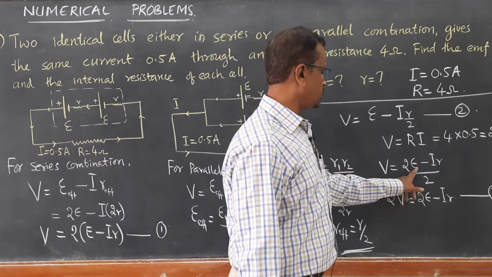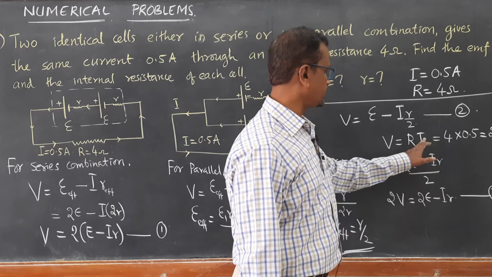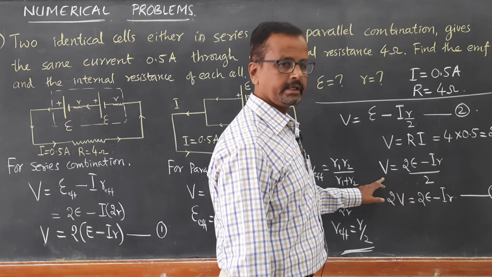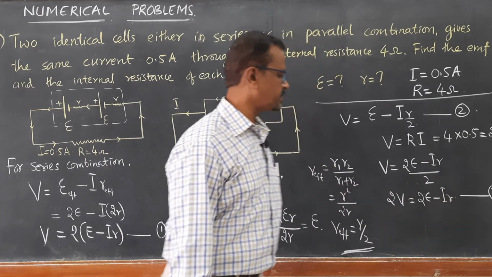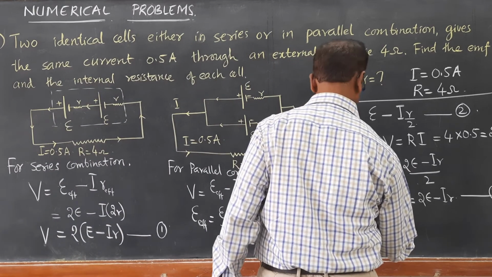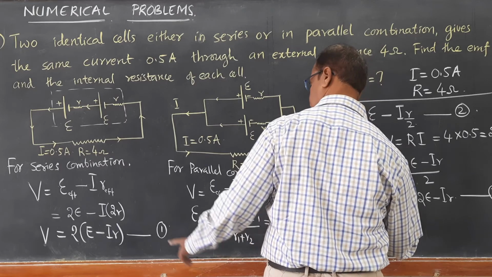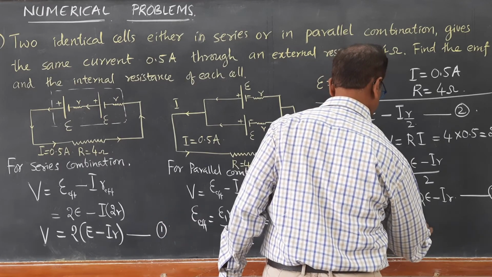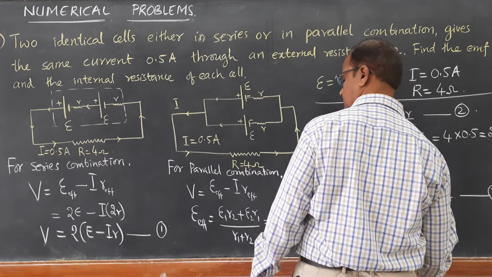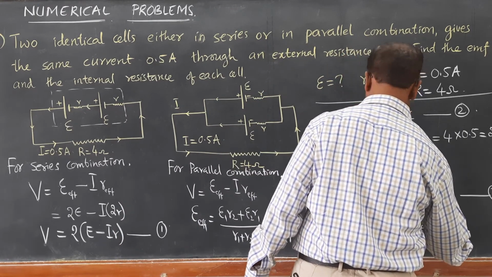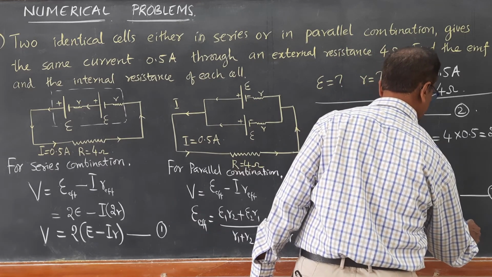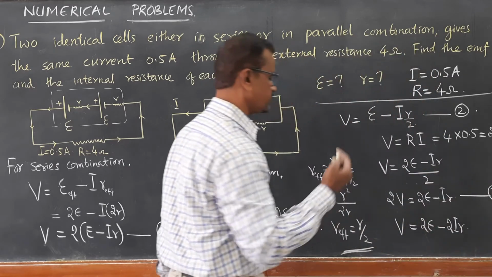The 2 is taken here, so it becomes 2V equal to 2E minus IR. So, what is equation number 1? You just write it: V equal to 2E minus 2IR. Yes, now I can solve it.